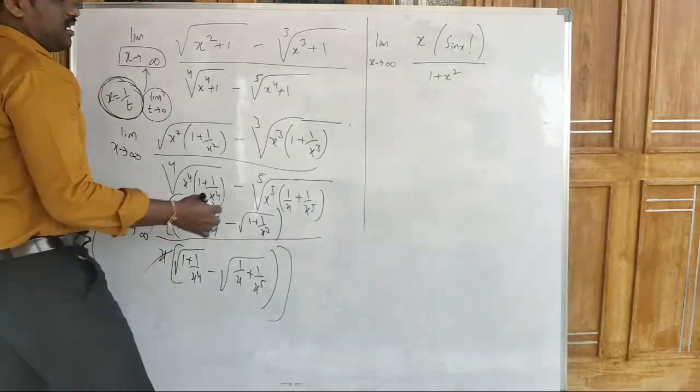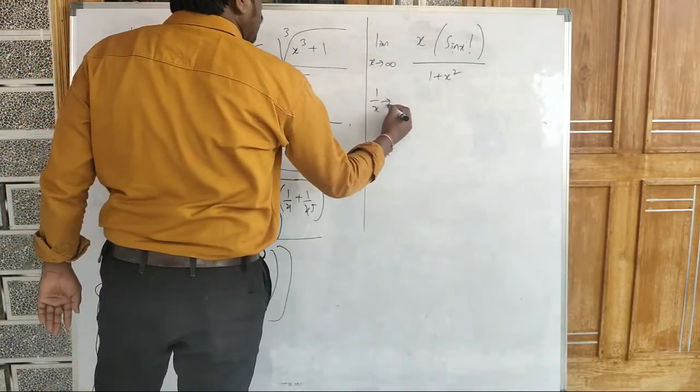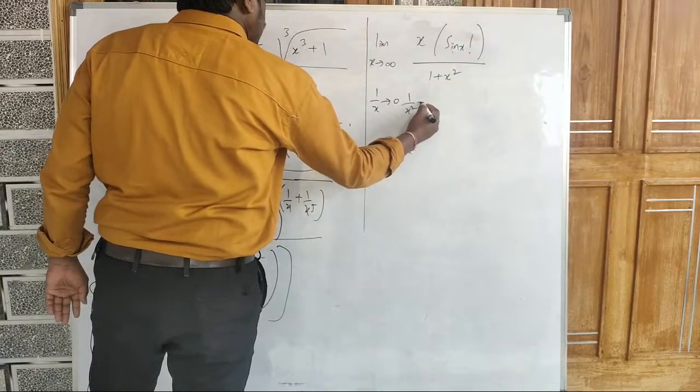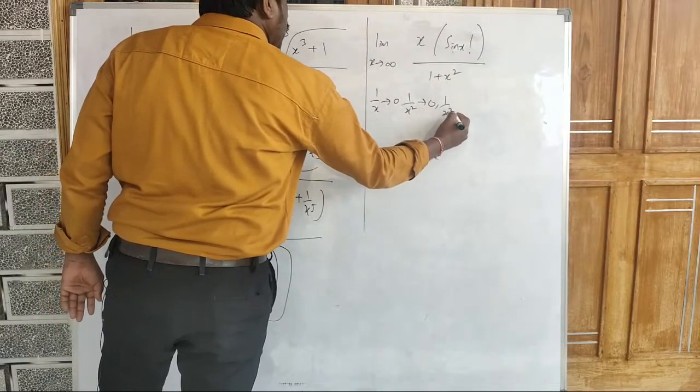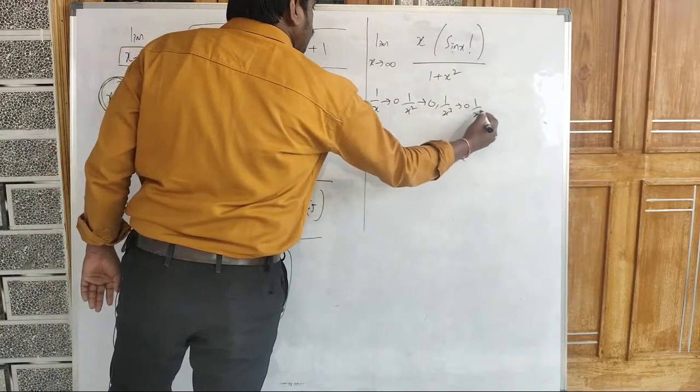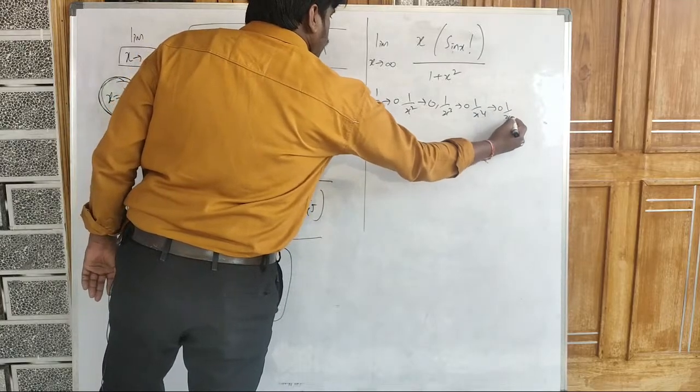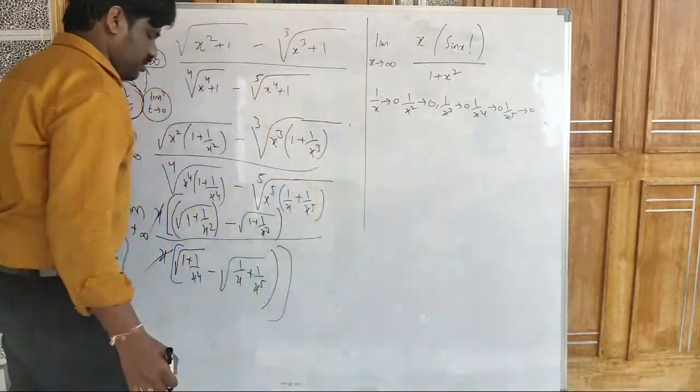And if x is tending to infinity, 1 by x is tending to 0, 1 by x square tending to 0, 1 by x cube tending to 0, 1 by x power 4 tending to 0, 1 by x power 5, all will be tending to 0.